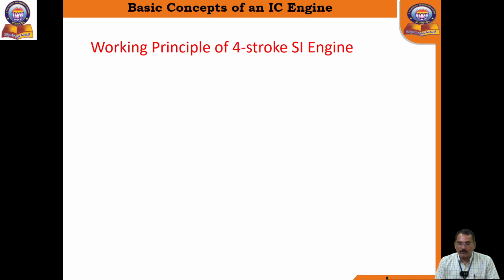Next, we will discuss the working principle of a four-stroke SI engine. Before that, I can draw an IC engine figure, in which I can represent the components of an IC engine. This is a cylinder block.